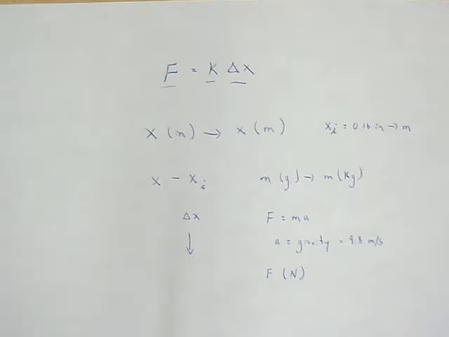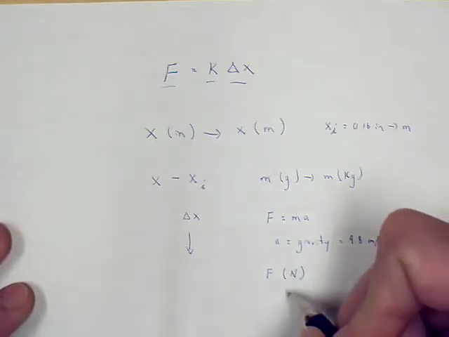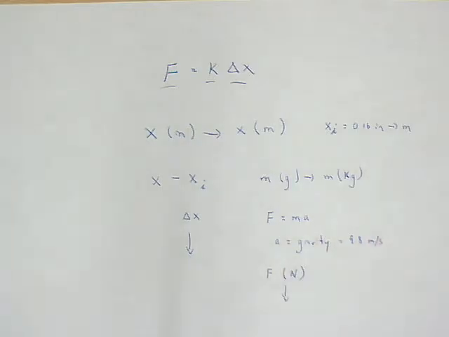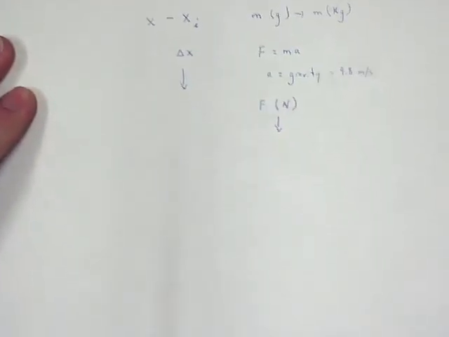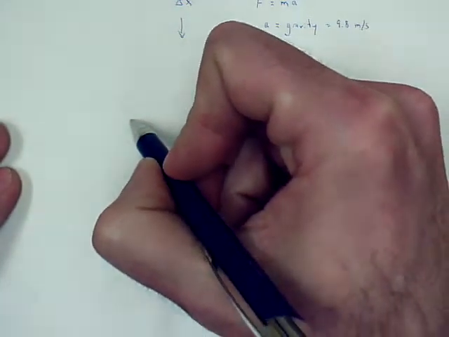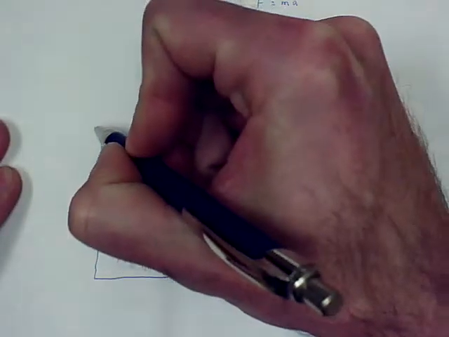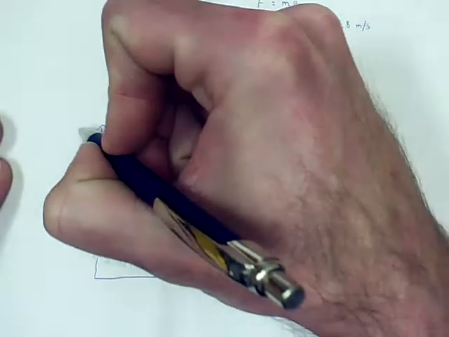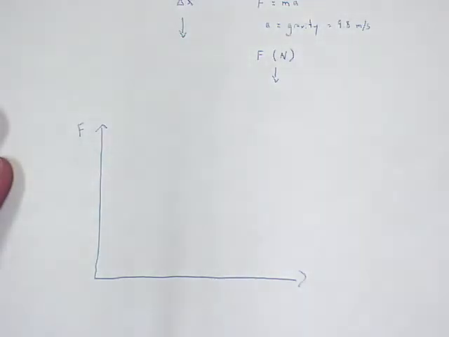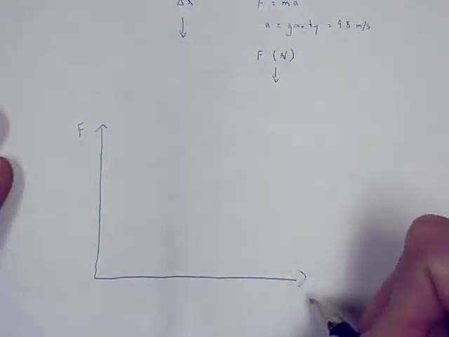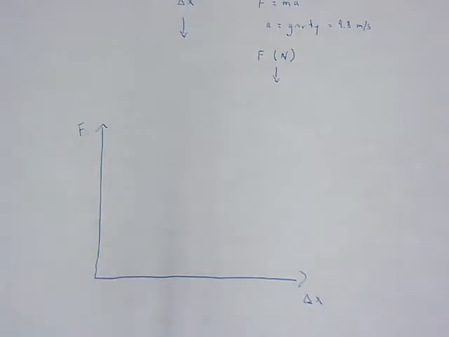So we now have our force values and our change in length values. We can now plot these values to determine our stiffness, which is the slope of the line. What you're going to do is create a plot in Excel where your y-axis is your force values and your x-axis is your delta x values.